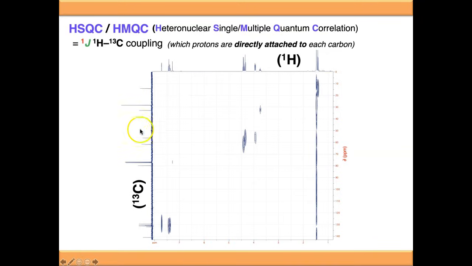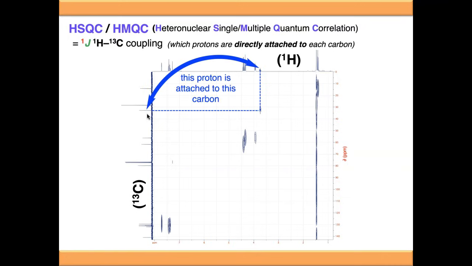So now the two spectra that we have that we're correlating between are not the same. If we go down from this proton signal here, we eventually reach a peak in the spectrum, and if we go across from that, you can see that it correlates to a carbon signal. So that's telling us that this proton is directly attached to this carbon.